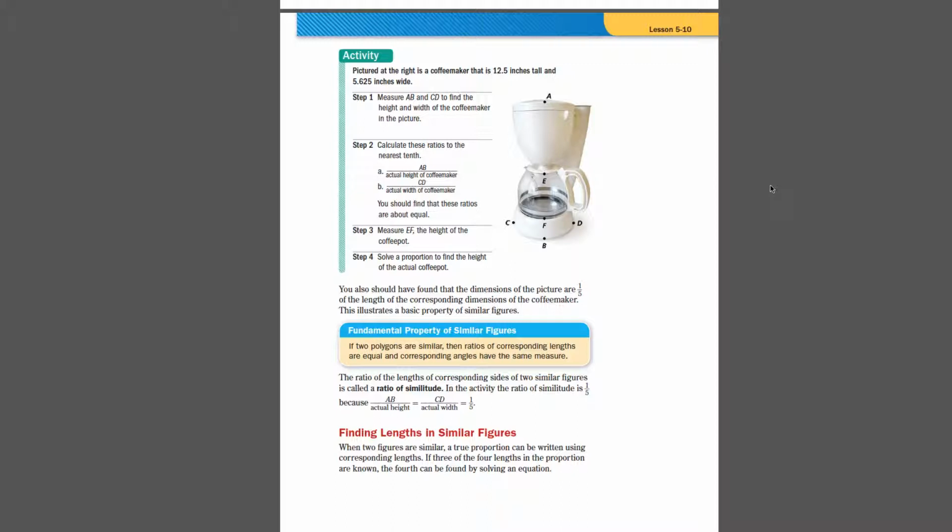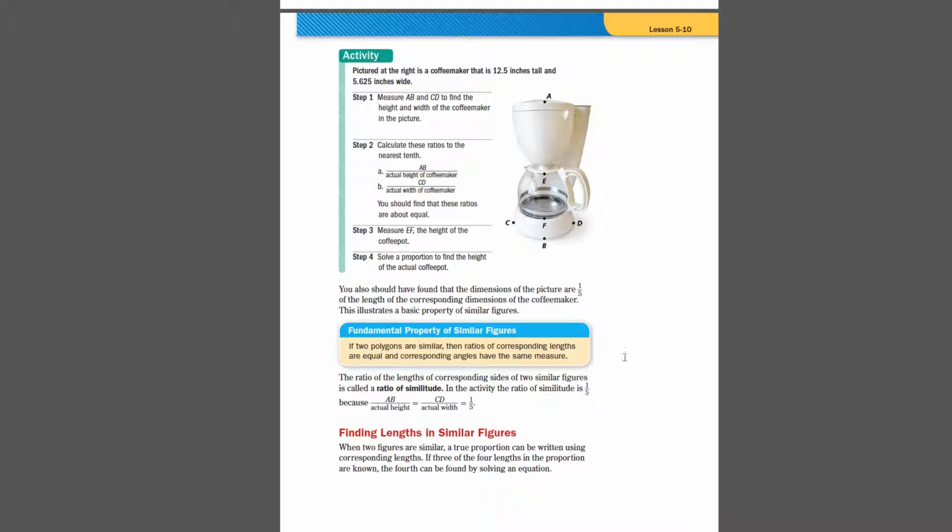So that's solving a proportion to find an unknown value based on measurements and calculations. This leads us to our fundamental property of similar figures. If two polygons are similar, then ratios of corresponding lengths are equal, and corresponding angles have the same measure. The ratio of the lengths of corresponding sides of two similar figures is called the ratio of similitude.